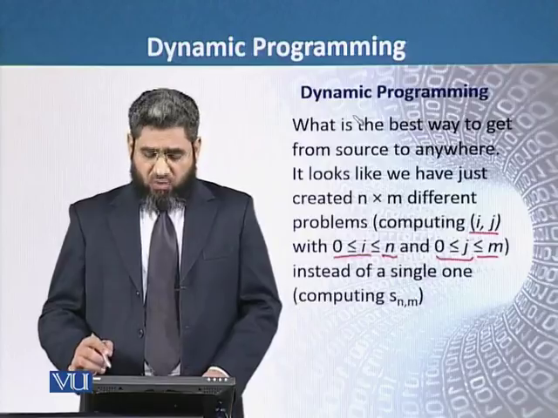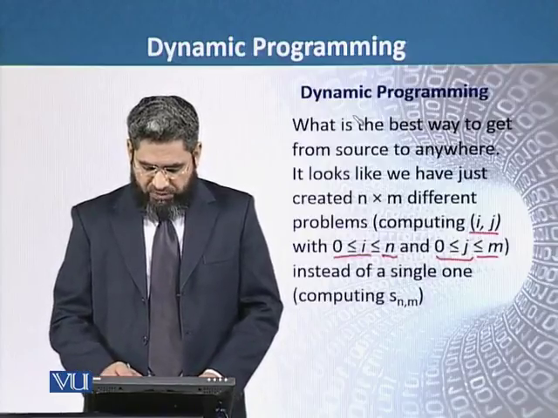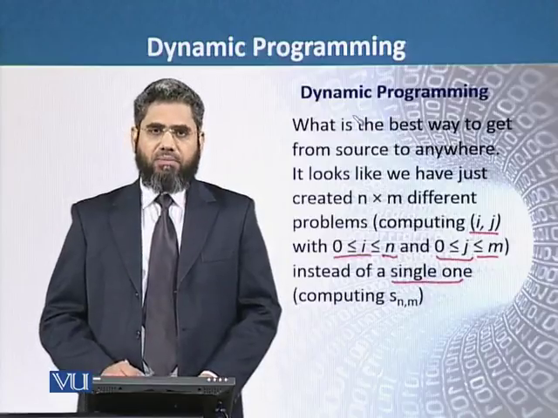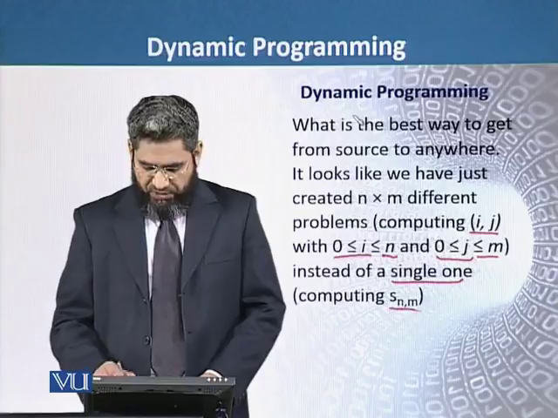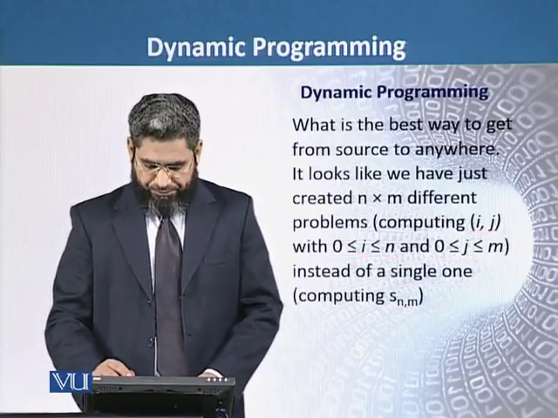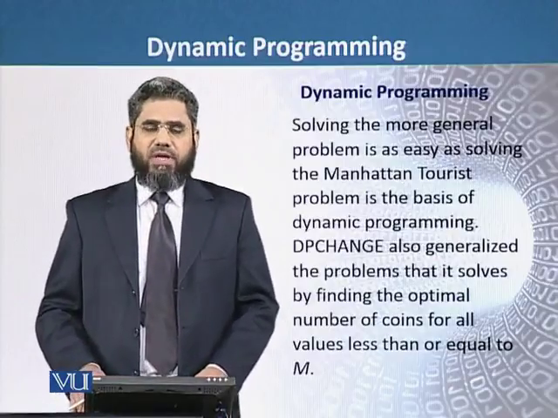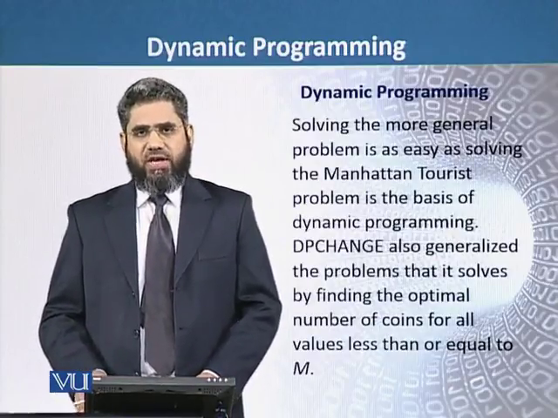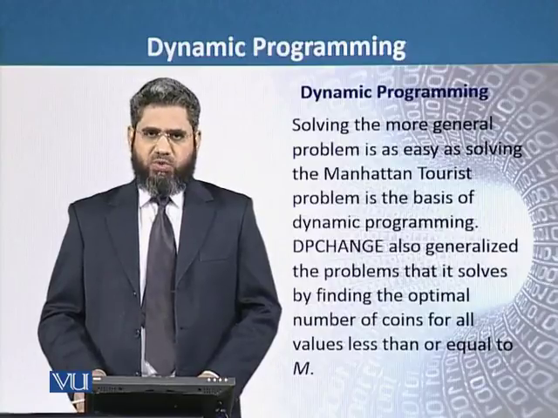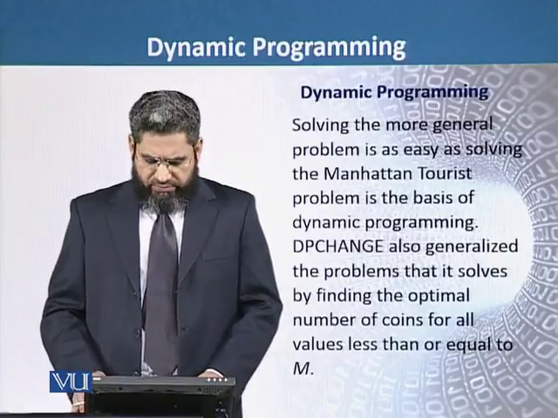And by doing so, instead of computing a single problem, S(n,m), we have computed many. So solving the more general problem is as easy as solving the Manhattan tourist problem, and this is the basis of the dynamic programming algorithm.